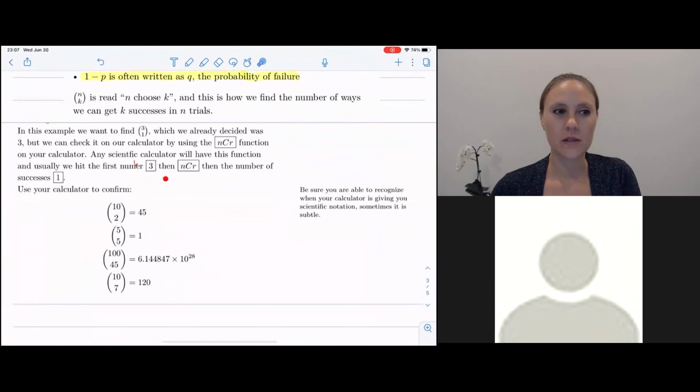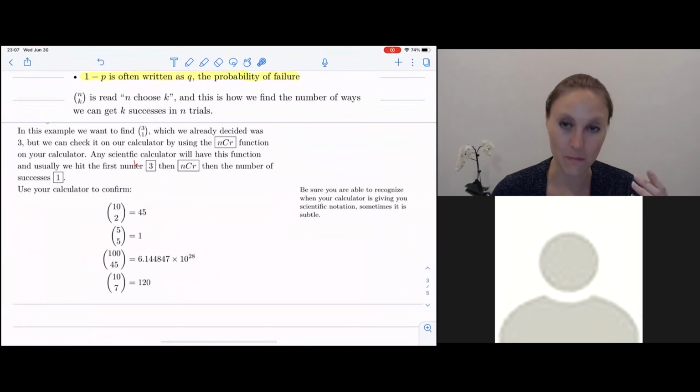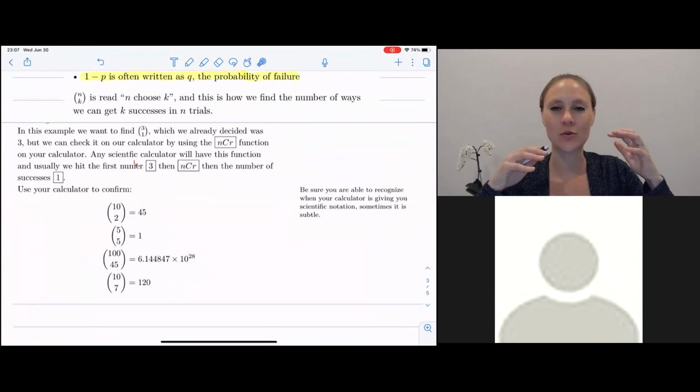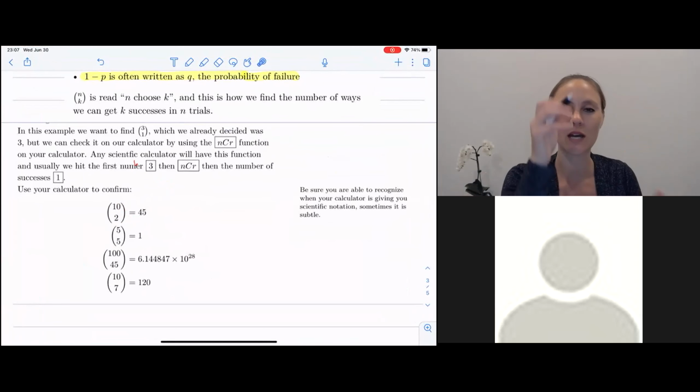So just to help you figure out how to use your calculator to find the choose function, I want you to do a quick run through and make sure that when you do 10 choose 2, you get a result of 45. So in 10 trials, how many ways can you get exactly 2 successes? Can you imagine building that tree and having to trace, okay, so now I need exactly 2 successes?